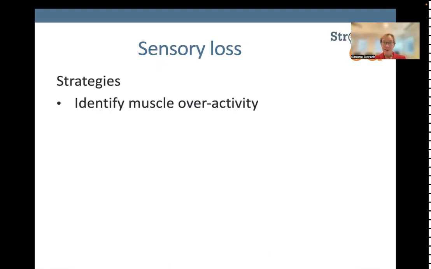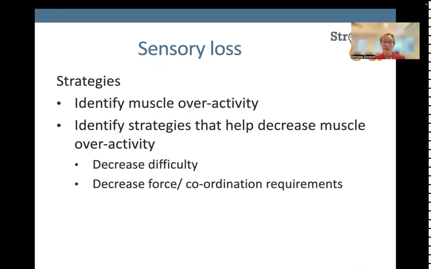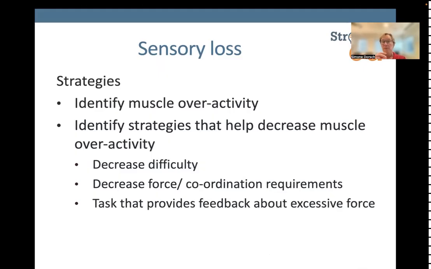So again, identifying muscle overactivity and identifying strategies, and the key one here being about making the task easier, actually decreasing the force coordination requirements by changing the task, or still doing a similar task, but not picking up to manipulate, just picking up a small distance, having the non-slip mat to make it easier, and also the fact that the task provides feedback.